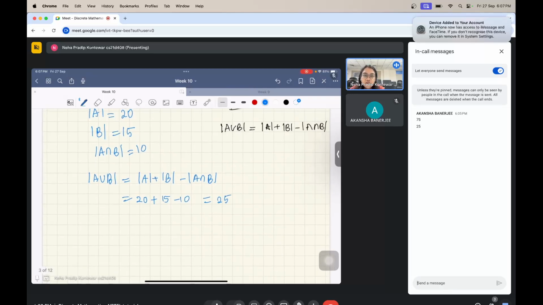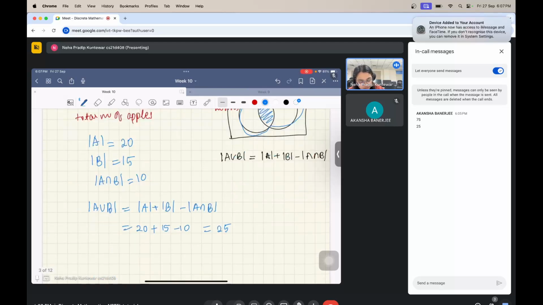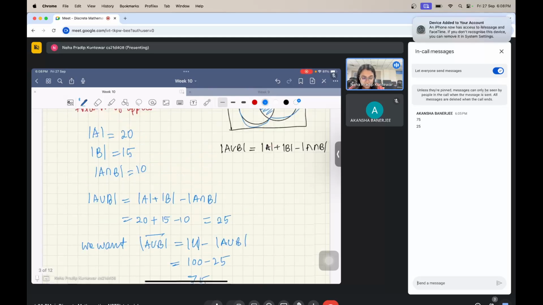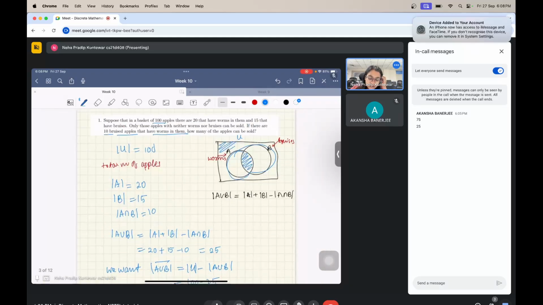What you want are the ones that are good, so we want the complement of A union B, which is U minus A union B, and that is 100 minus 25, which is 75. So your answer is indeed right. There are 75 apples that have neither worms nor bruises.